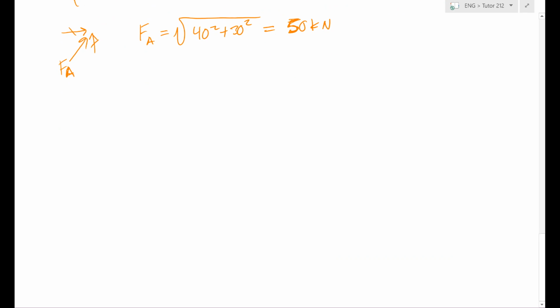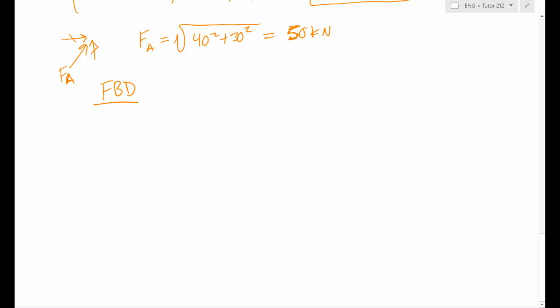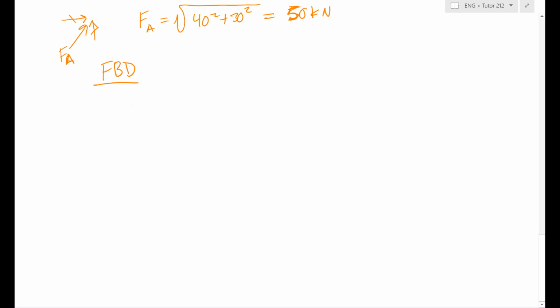All right, let's do our free body diagram of that little pin, which you can see popping out here or going across right here. Let's change colors for fun, like purple. So our pin is this little cylinder looking thing. Here's our resultant.